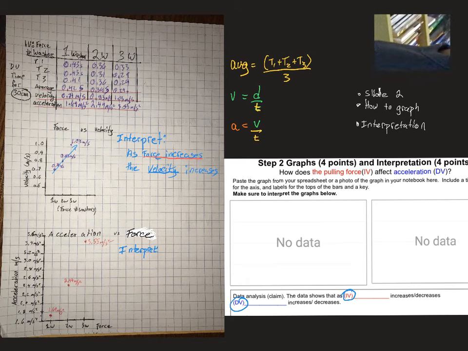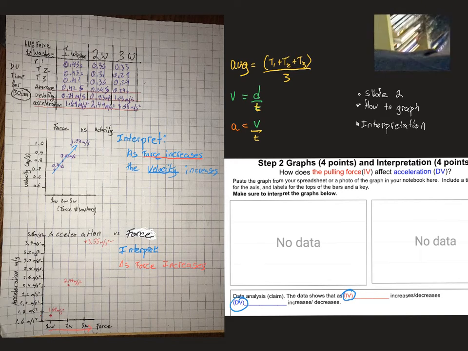Your graph will look different than mine because your values will be different than mine. But the overall shape of it, this very steep upward travel, will probably show up. And so I can say, look, this is accelerating more and more too. And again, I can interpret it and say, as force increases, because I am increasing my force every time.